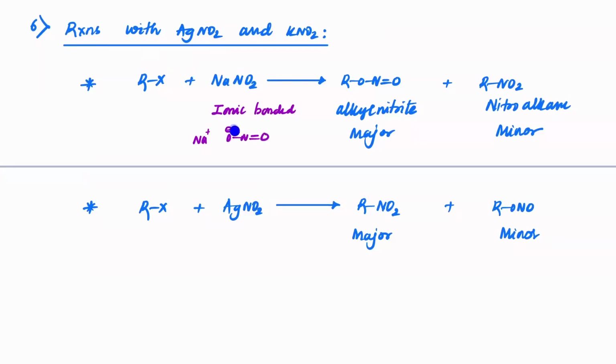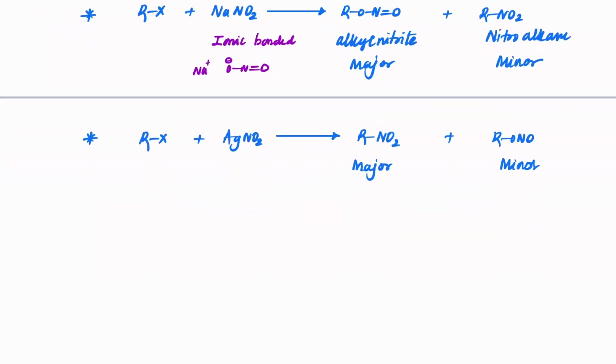So the attack would be more favorable from the oxygen end. While in AgNO2, this is covalently bonded, where you have Ag connected with O and N double bond O. So only the lone pair on nitrogen is more available, so the attack happens mostly from the nitrogen side.